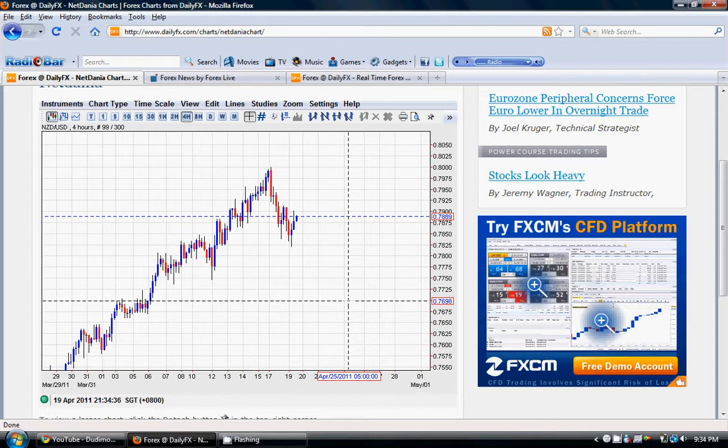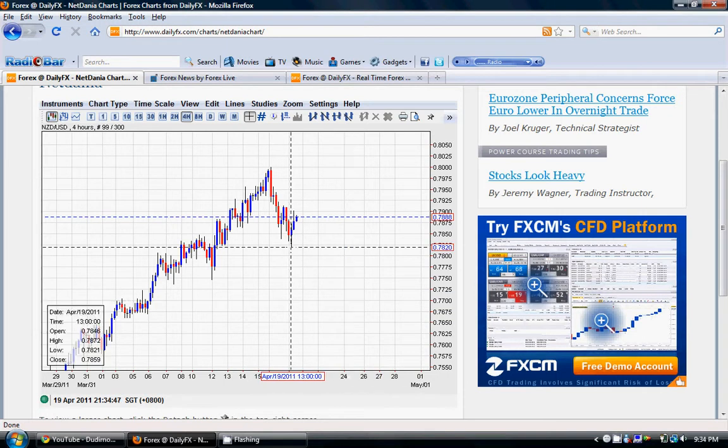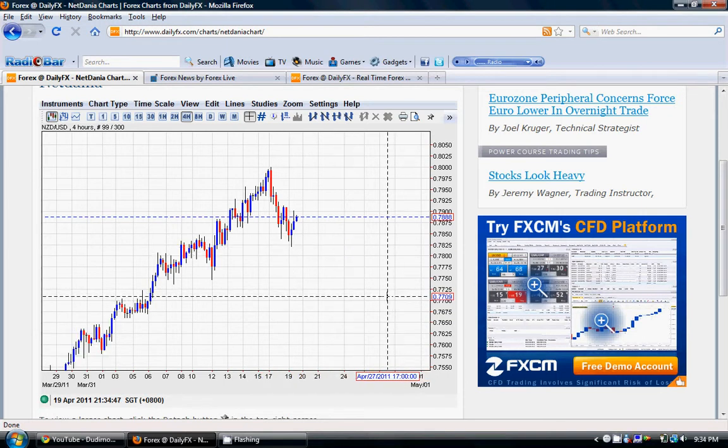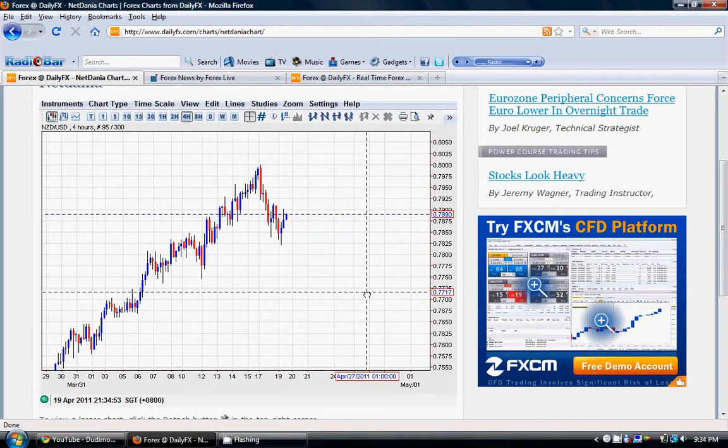And that's why, as you could see yesterday, we saw a sharp rally in the US dollar against all the majors. Considering that, this is something we were waiting for.